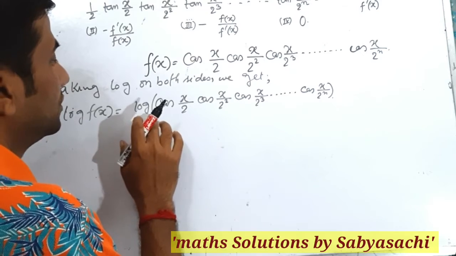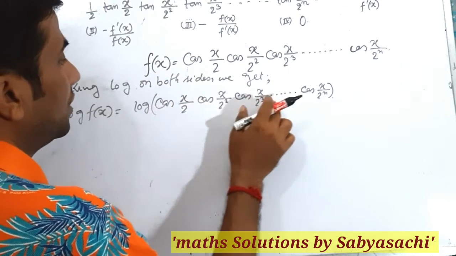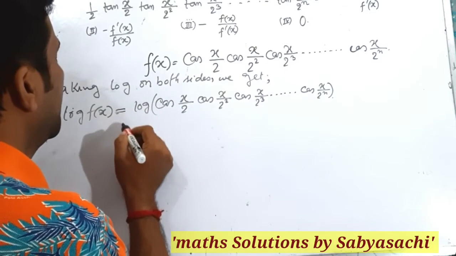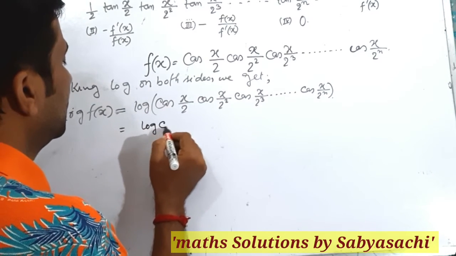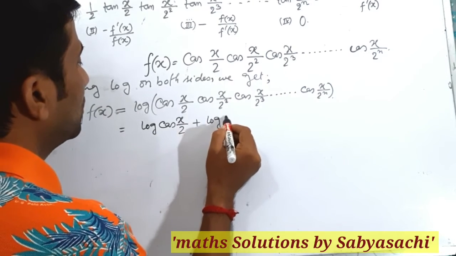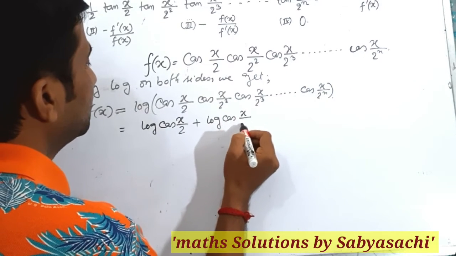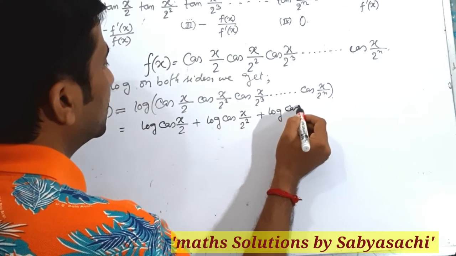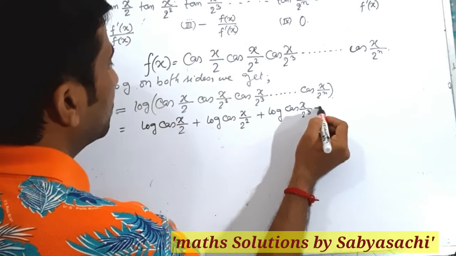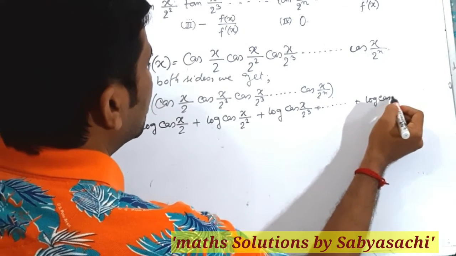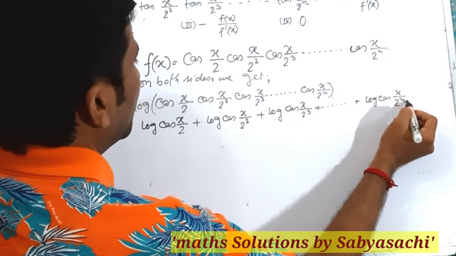Now you know that for a product we get log cos(x/2) plus log cos(x/2²) plus log cos(x/2³) plus ... log cos(x/2ⁿ).